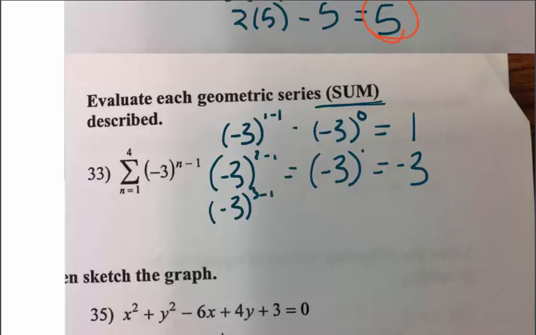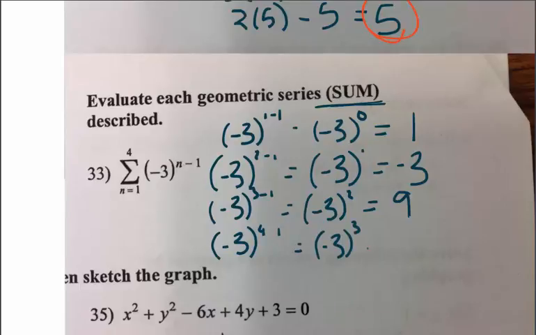My third term is going to come out to be -3 squared. That's a +9. It better be a +9 because that -3 is in parentheses. And my fourth term is going to come out to be -3 to the third power, cubed, which is -27. And now I'm going to add all of these up. Plus, plus, plus. It should equal -20 when we're finished.